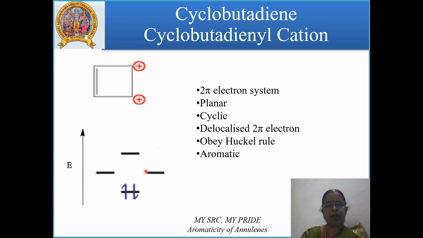This is the atomic orbital energy level, but here there is no electron. In the antibonding molecular orbital also there is no electron. So it is a planar cyclic 2 pi electron system. The 2 pi electrons are delocalized due to the presence of 2 positive charges. All the carbons are in the sp2 hybridized state. So it is an aromatic molecule.